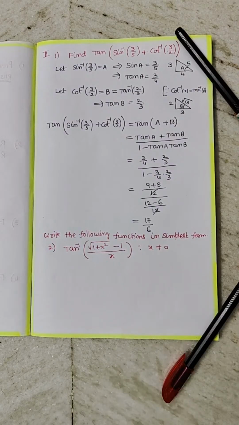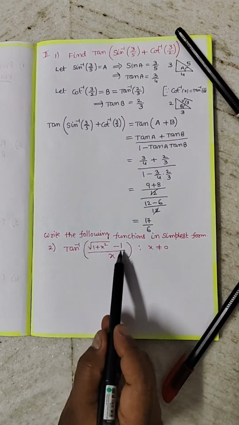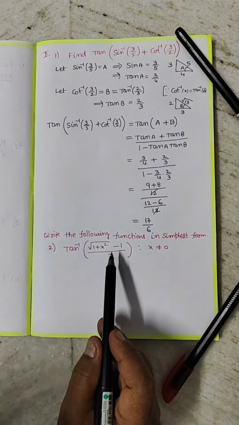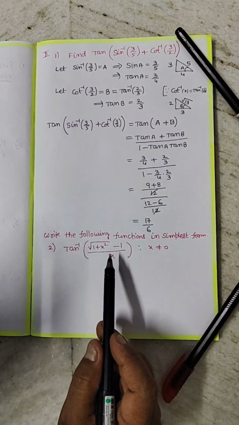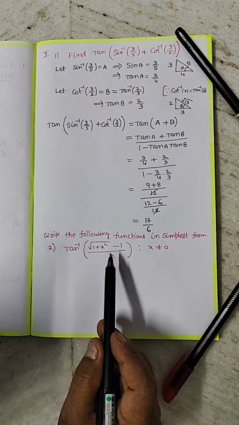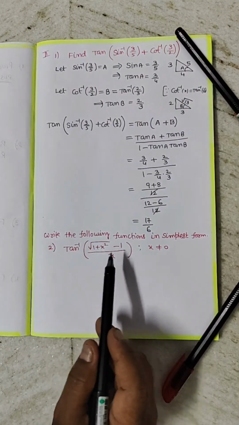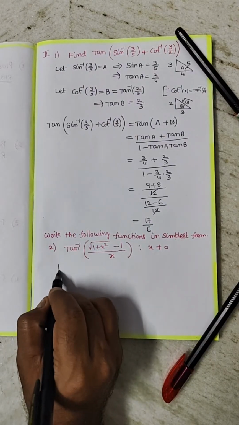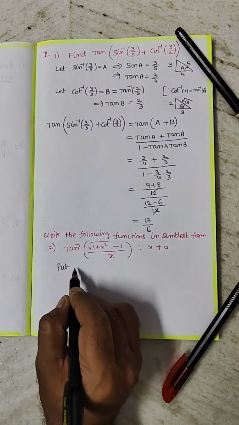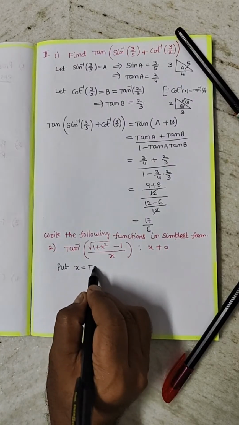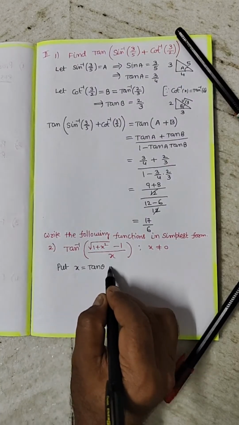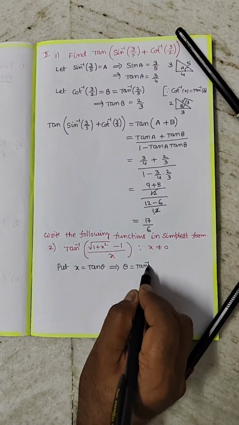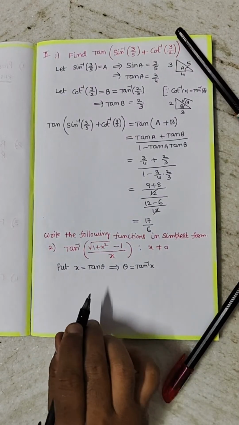Good evening. So this bracket value you need to get by taking a proper trigonometric substitution, in terms of tan. See, put x is equal to tan theta, that implies theta is equal to tan inverse x. Okay, dear students.